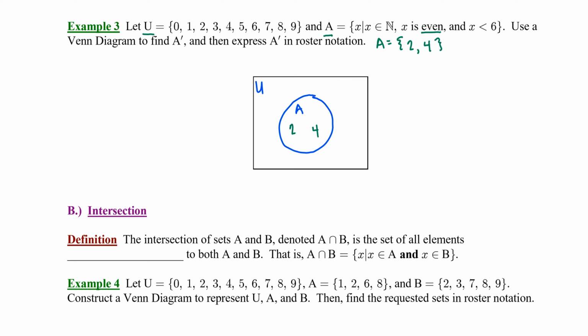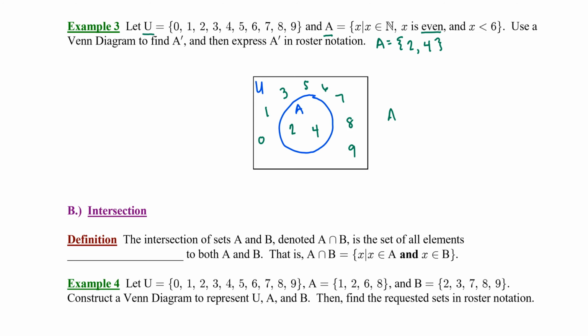Those are the only elements that we're going to put inside circle A. Every other element in the universal set will go outside of circle A. So we have values 0, 1, 2 is already accounted for inside circle A, 3, 4 is already accounted for inside circle A, and then 5, 6, 7, 8, and 9. So again, a Venn diagram is just a visual way of representing the elements and relationship between sets. Now we are ready to identify the elements in A complement.